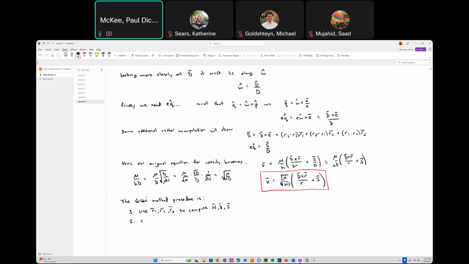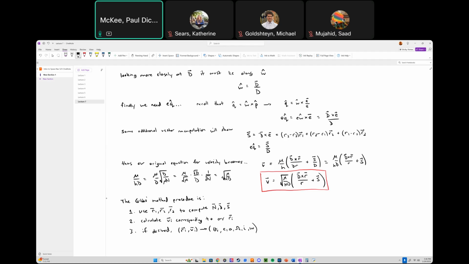And then number 2, calculate VI corresponding to any position. And then step 3, optional. So if desired, you could say RI, VI gives you your orbit elements. So that would be not theta dot, that would be theta I, and then E, A, capital omega, inclination, and omega. That's it. So very straightforward to go through and code up.